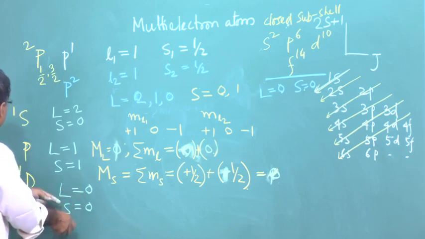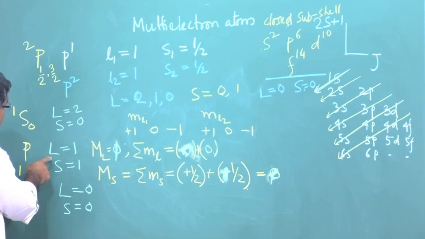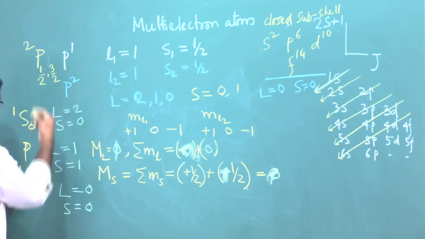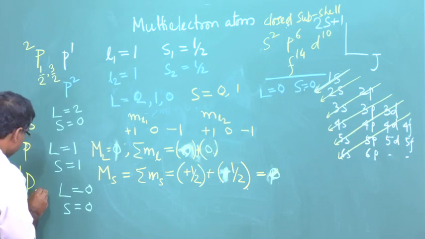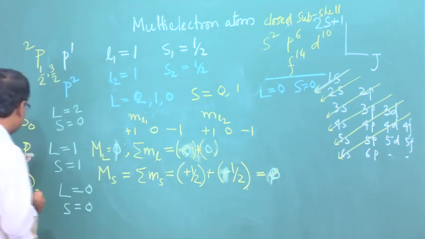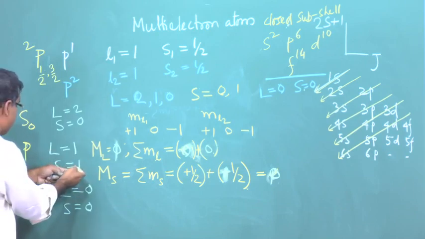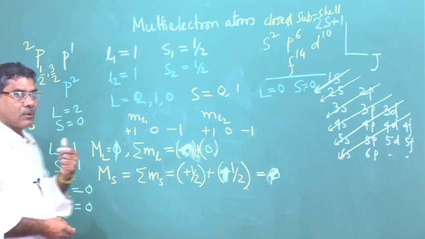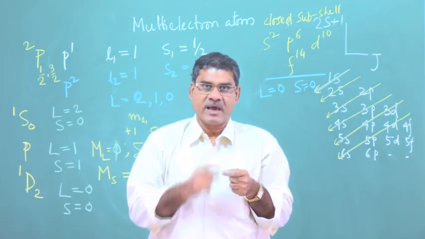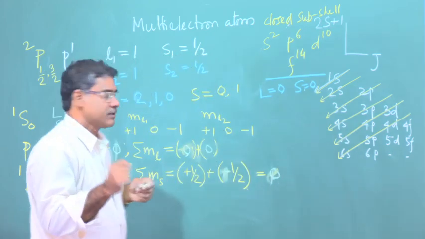So, here L and S both are 0, so J will be 0. And D, in case of D, S is 0, so J will be 2, basically L plus S. And P is L 1, S 1. So, J will be L plus S to L minus S: 2, 1, 0.